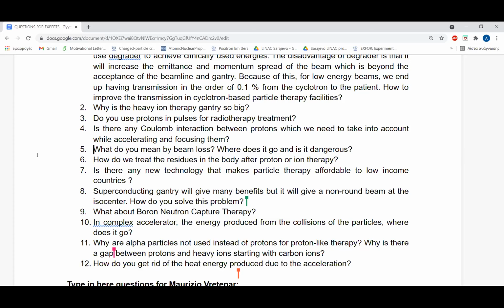Question 11: why are alpha particles not used instead of protons for particle therapy? Why is the gap between protons and heavy ions not filled? This is what Manjit Dosanjh said already, it is mainly historical, why we use only protons and carbon. But now we are working beyond history. We want to make experiments and tests with alpha particles, and test new ions.